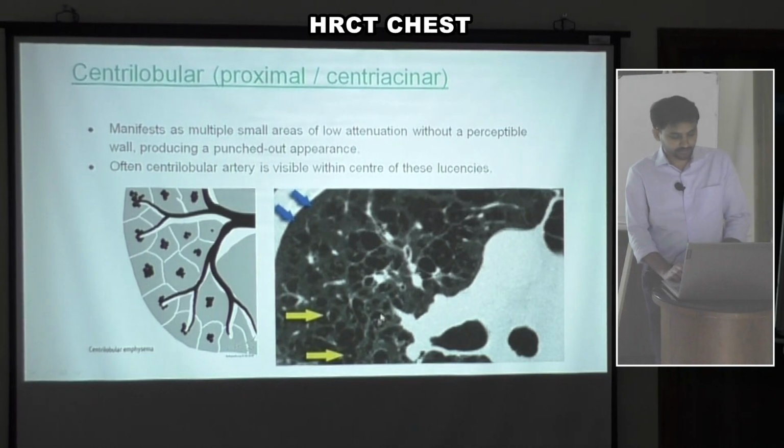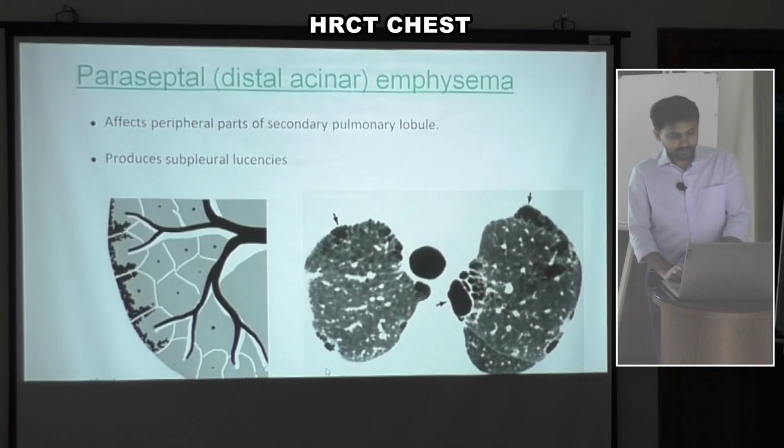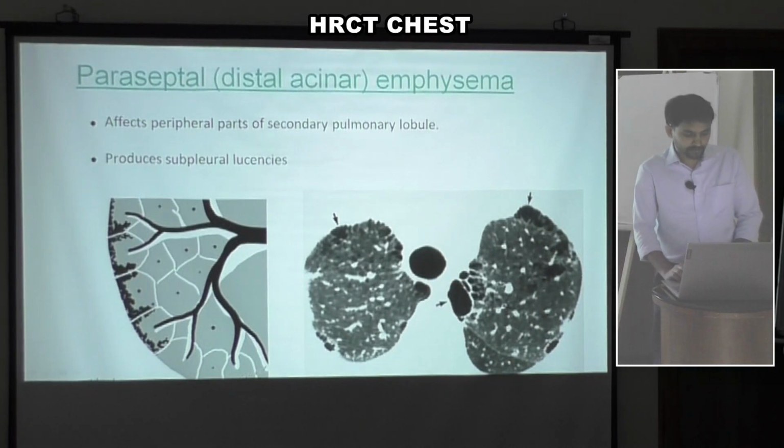Next is panlobular, where the whole lung has decreased attenuation; hardly any lung markings can be seen. Another is paraseptal, which is mostly in the subpleural location. These are some paraseptal emphysematous changes, mostly common in apical segments and subpleural location.